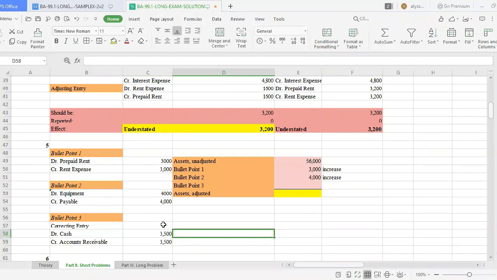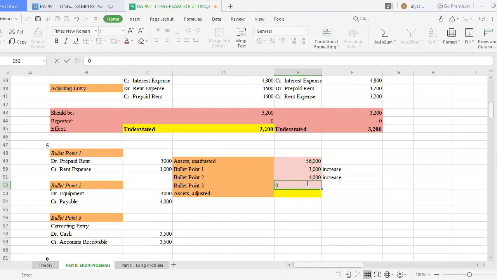Looking at the entry, accounts receivable decreased, right? So that's an asset decrease. However, when you decrease the accounts receivable, you also receive cash, which is also an asset. So there's no net effect in the adjustment of the asset.